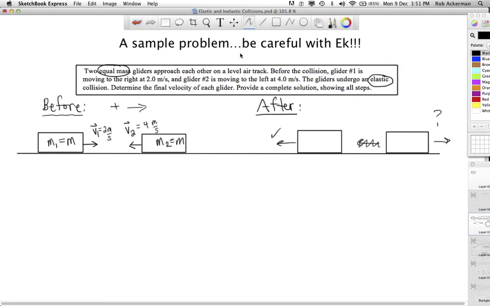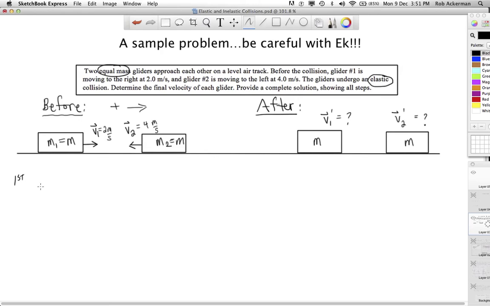Who knows? You really have to solve the problem to find out, so let me erase all that stuff, and let's write in what we do know. We do know that this is M, we do know that that is M. We know that V1 prime is really unknown, and V2 prime is really unknown.